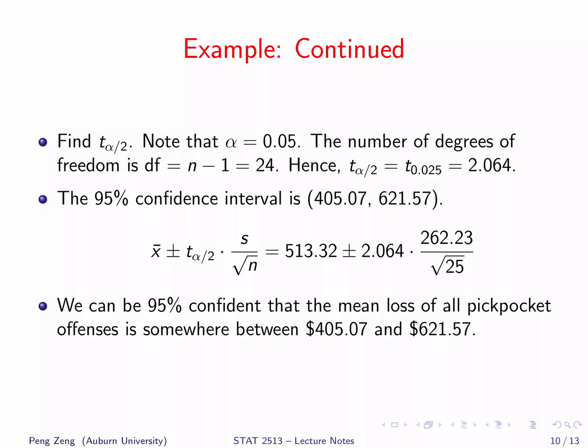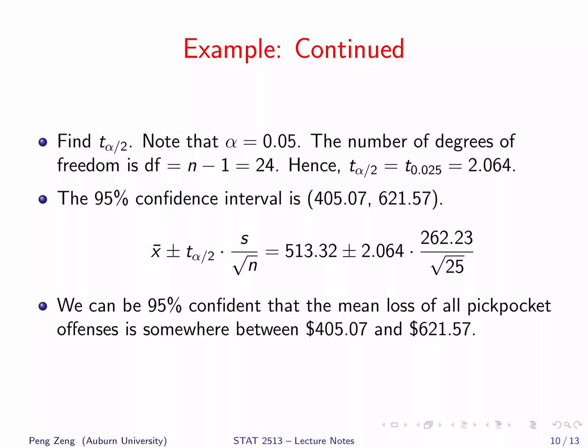When we choose plus, we get 621.57. When we choose minus, we get 405.07. We can be 95% confident that the mean loss of all pickpocket offenses is somewhere between $405.07 and $621.57.